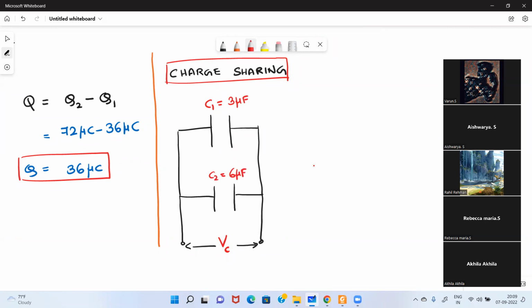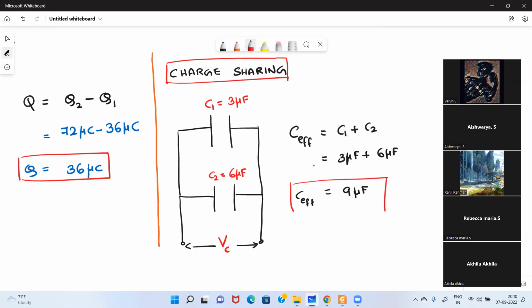So the two capacitors are connected in parallel. So what will be the total effective capacitance? C1 plus C2, so that will be 3 microfarad plus 6 microfarad. 9 microfarad, exactly. That will be the total capacitance.